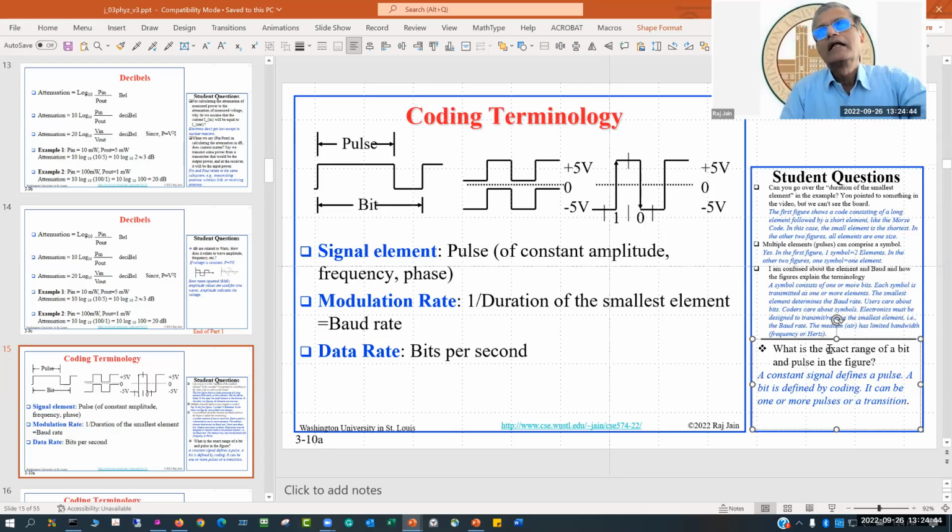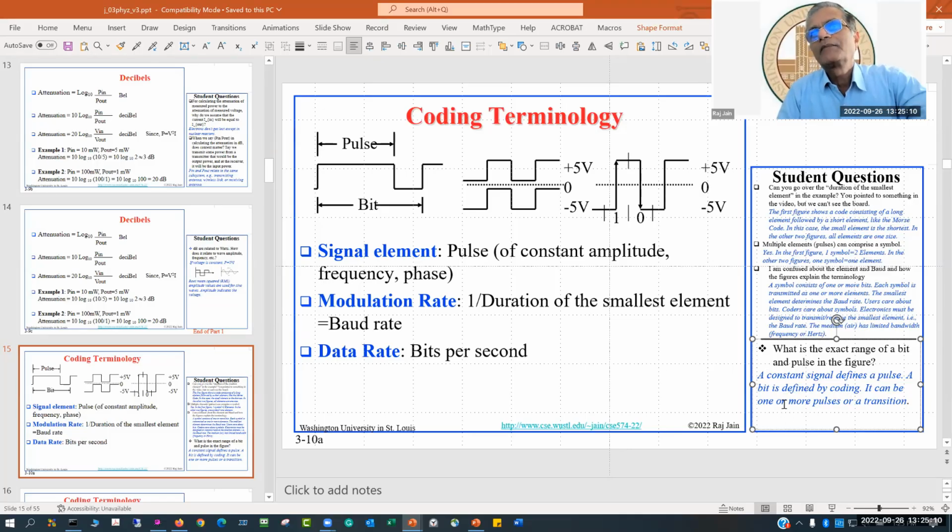Now the question is, what is a bit? The bit is defined by the coder, or the coding defined for it. Here I defined that my 1 bit is a long pulse followed by a short pulse. Here I said any pulse up or down is a bit. Here I said it is not a pulse, it's a transition, and that's a bit.